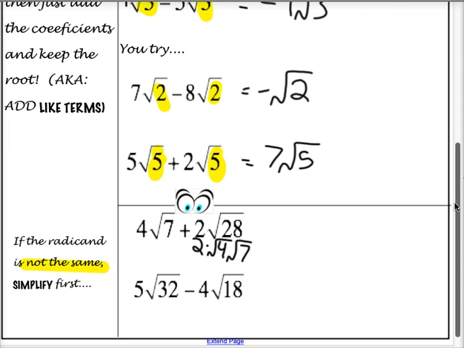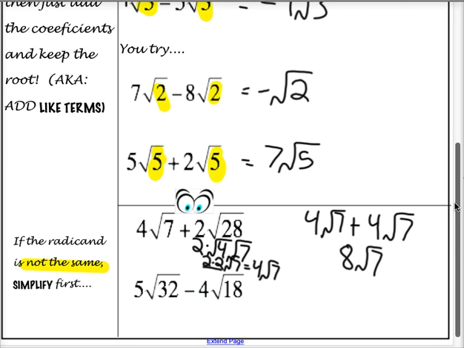Because really now, we have 2 times 2 square roots of 7, or 4 square roots of 7, because we can do 2 times 2. So if that 2 square roots of 28 is 4 square roots of 7, we have just turned our problem into this. And now we have two radicals that are the same, meaning we can add them. 4 plus 4 gives us 8. And we're talking about square roots of 7.